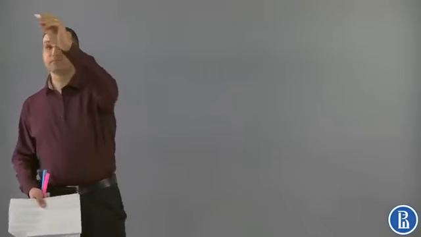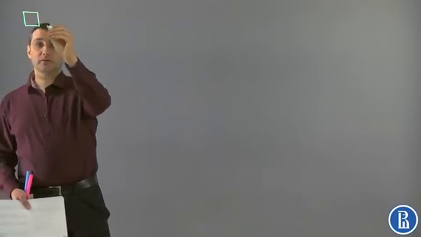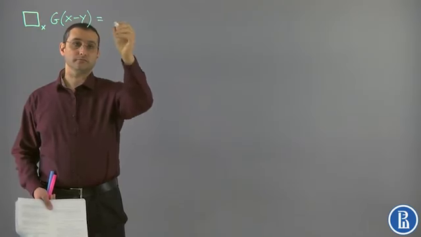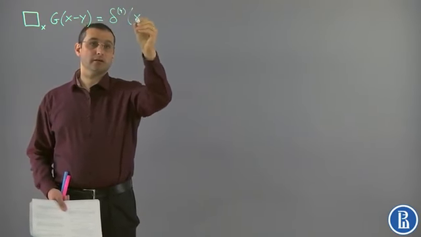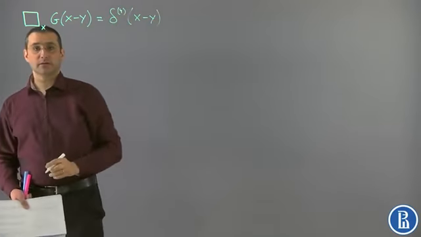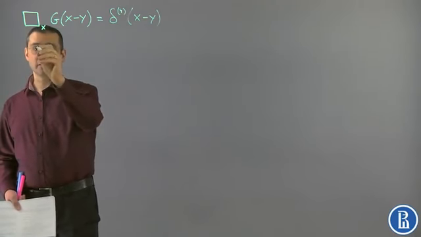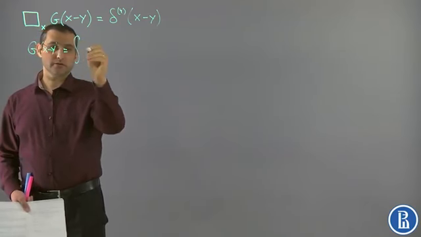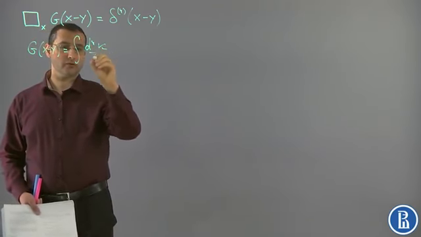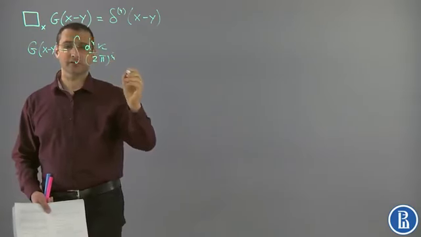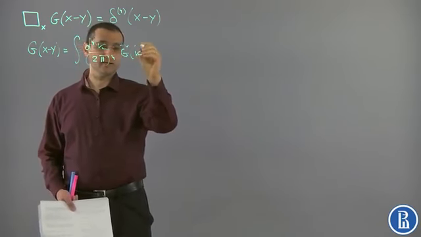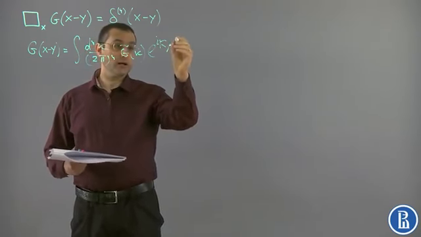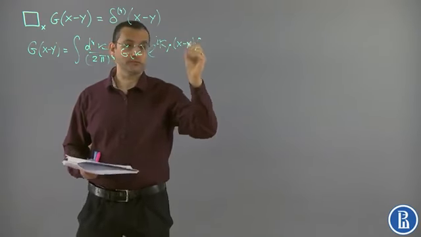Okay, so we are looking for the solution of this equation. And we already have found that the solution of this equation can be represented as the integral d^4k over (2 pi)^4 of g twiddle of k times e^(i k_mu (x minus y)^mu).